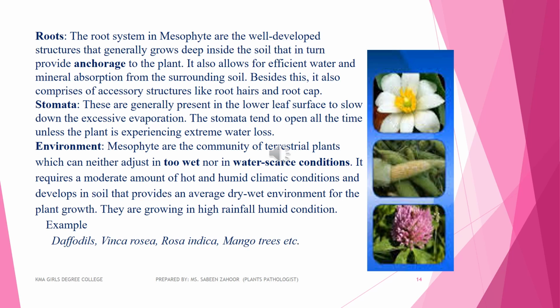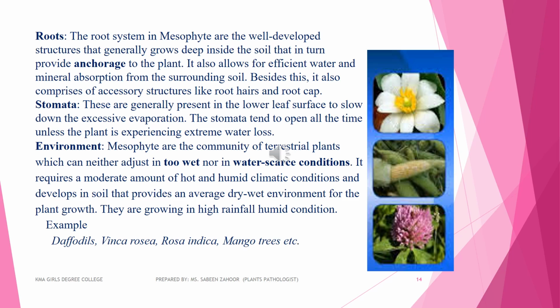Right, girls? Good. Environment. Mesophytes are those terrestrial plant communities which can neither adjust in too wet conditions, the hydrophytes, nor in water-scarce conditions like the deserts, steppe or the hills.